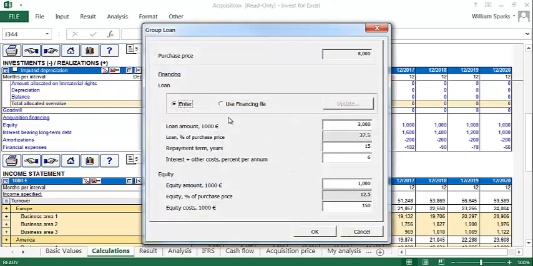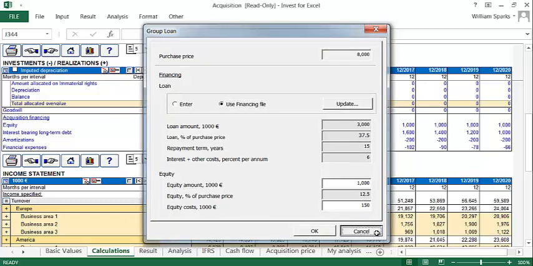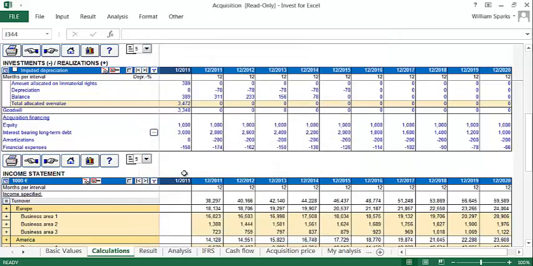The other option, if you go back to the same button, is to select use financing file, and then you know how it works. Yeah. So yeah, cancel.